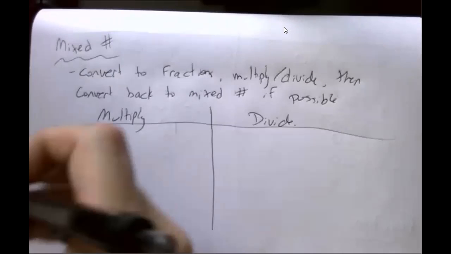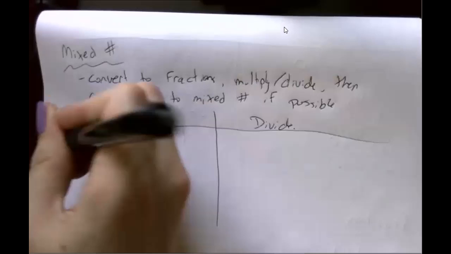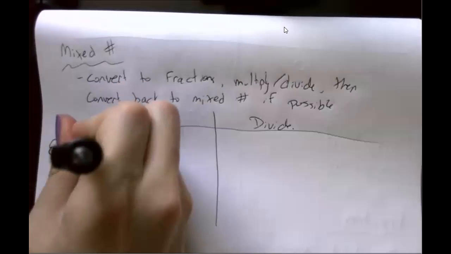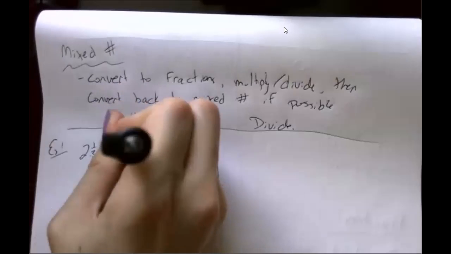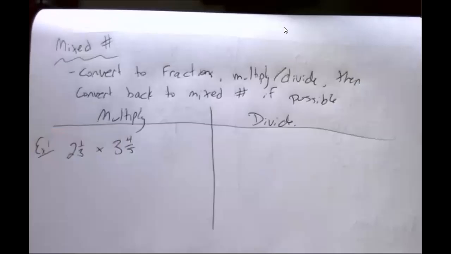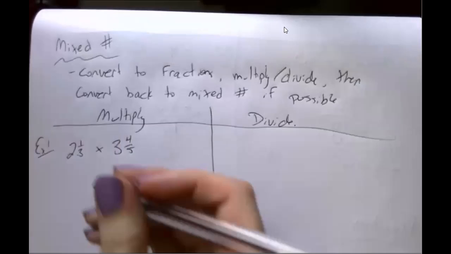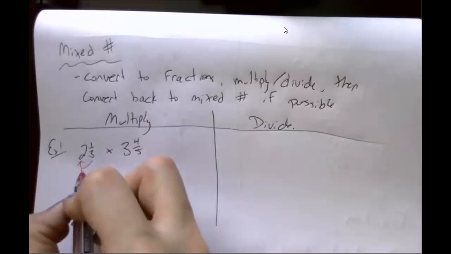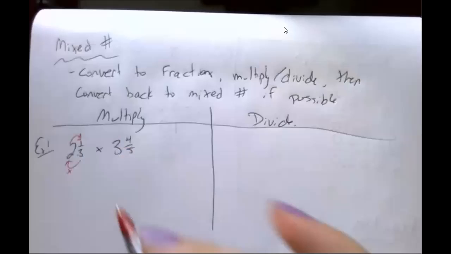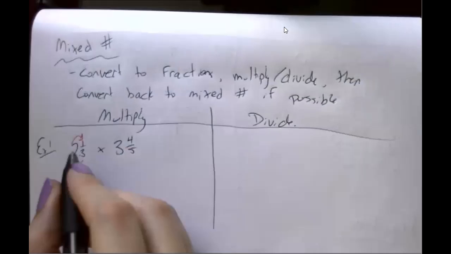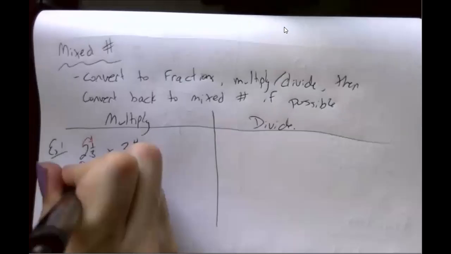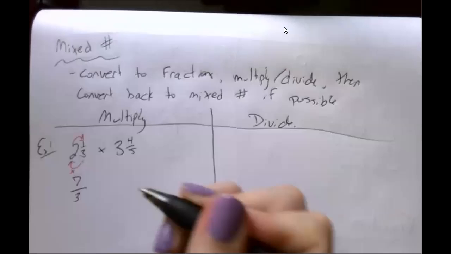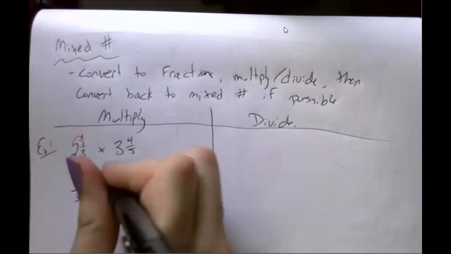So for our multiplication example, let's do 2 1/3 times 3 4/5. So we're going to convert these into fractions by multiplying and then adding. So 3 times 2 is 6 plus 1 is 7, and we keep the denominator, so 7 over 3.